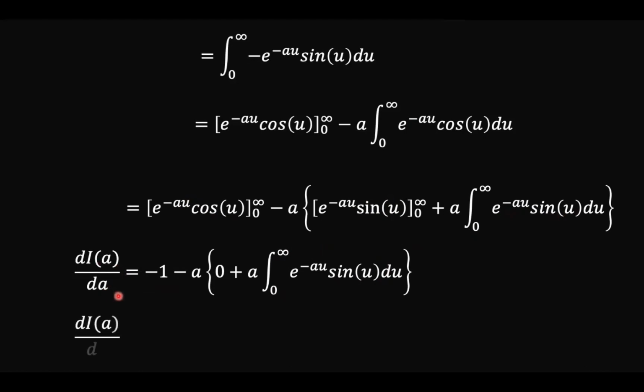So when we simplify our differentiation, we get negative 1 minus a squared times the integral from u equals 0 to infinity of e to the power negative au times sine u. So this here is the same as this here, so we can take this component to the left-hand side.